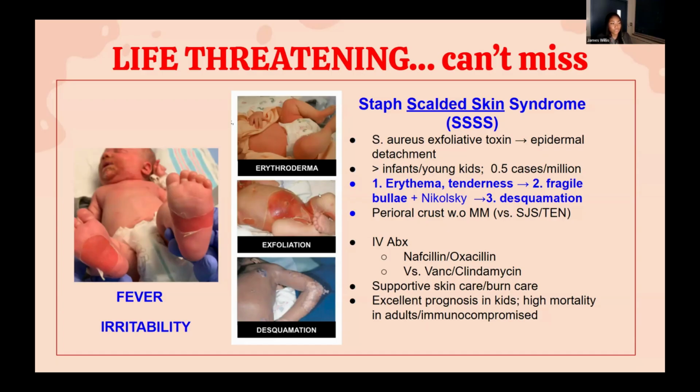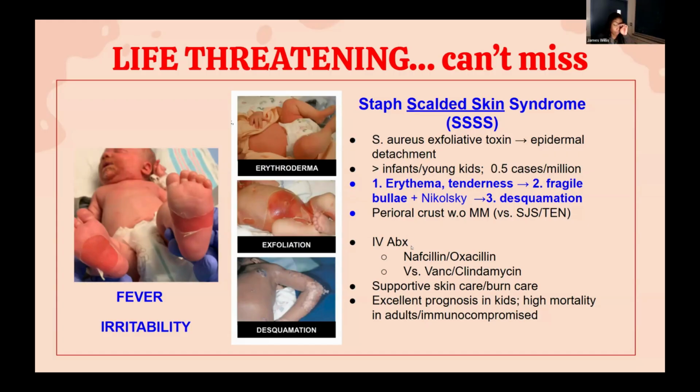Phase 2, the exfoliative phase, where you have the sloughing off of the skin, which we call, do you know what sign? Right there, yeah, this one. And then phase 3 is the desquamation. So this here can happen within 24 to 48 hours, and then days after you can have this.